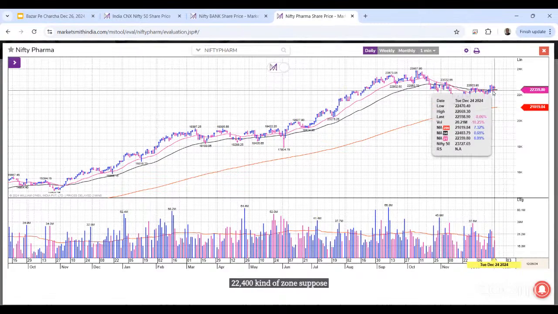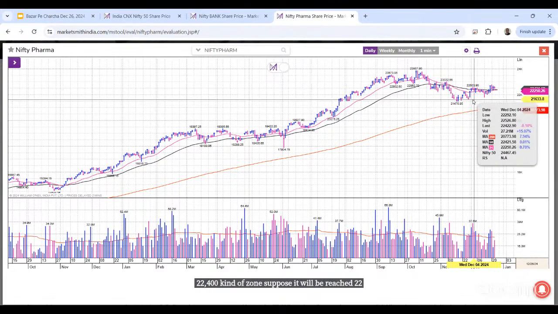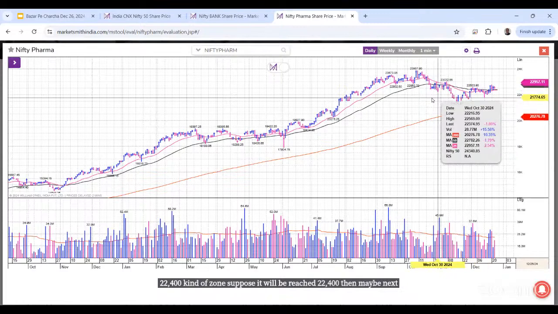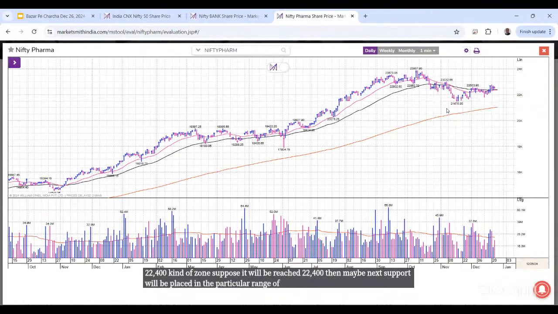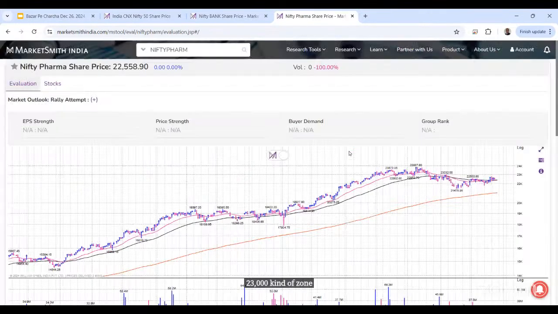Suppose 22,400 is reached, then maybe the next support will be placed in the range of 21,500 kind of zone. But as long as it is holding above the 50 DMA, one can expect that it may be ready to move toward the 23,000 kind of zone, followed by the 24,000 kind of zone.